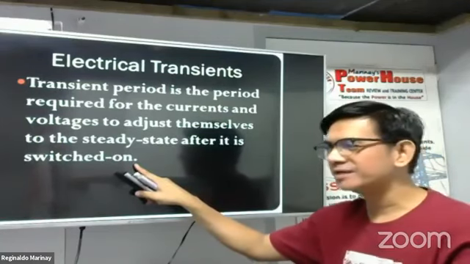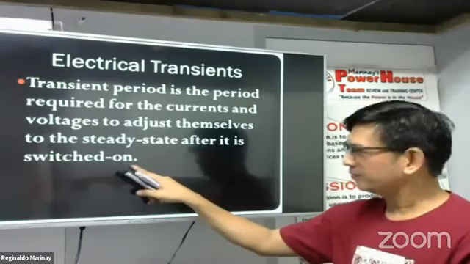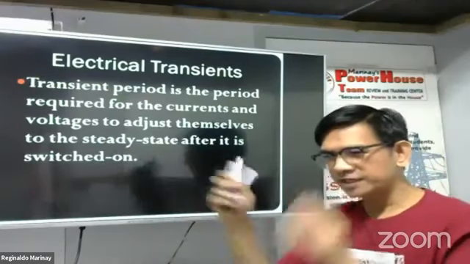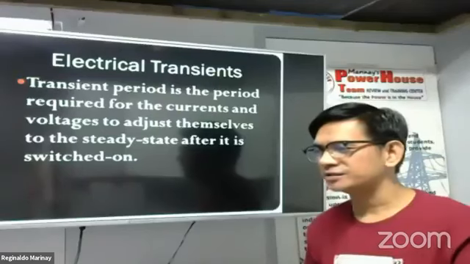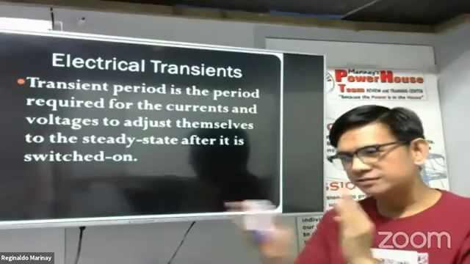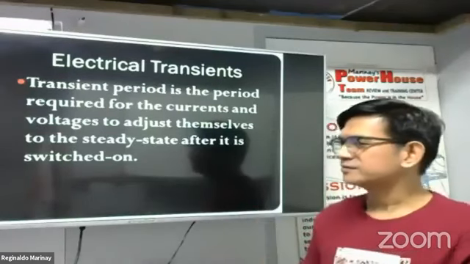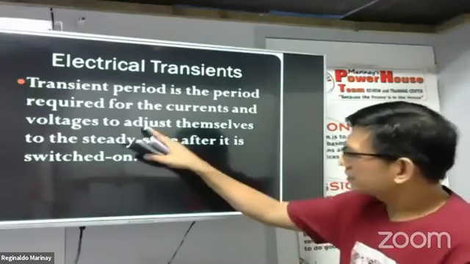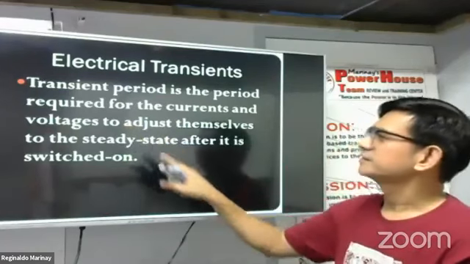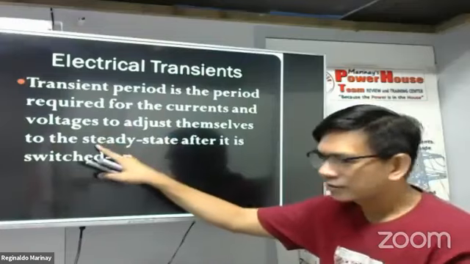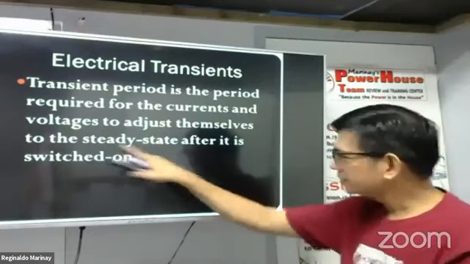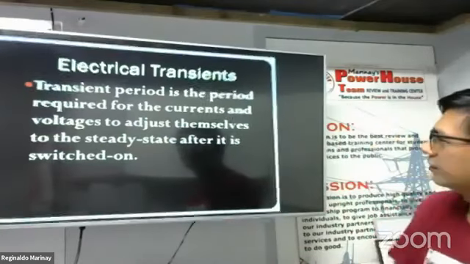The courtship period. Before you get steady, there is a stage wherein you adjust to each other, a period of adjustment, until you are already steady. Steady state.